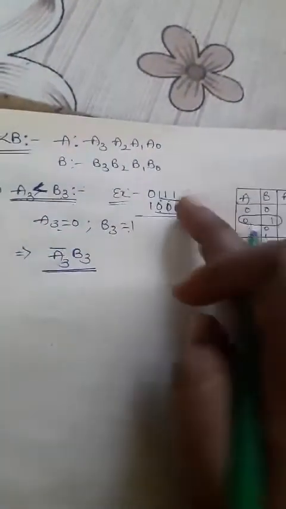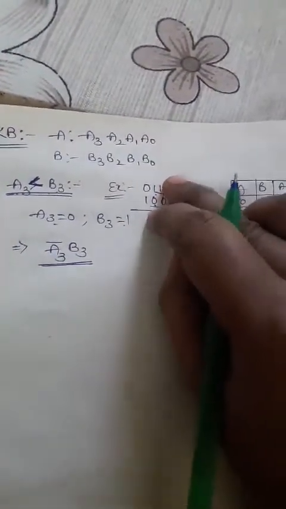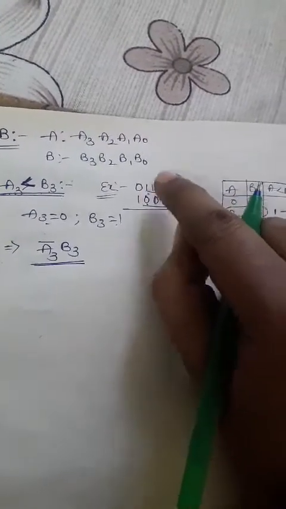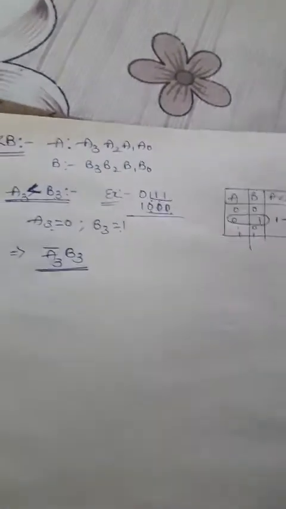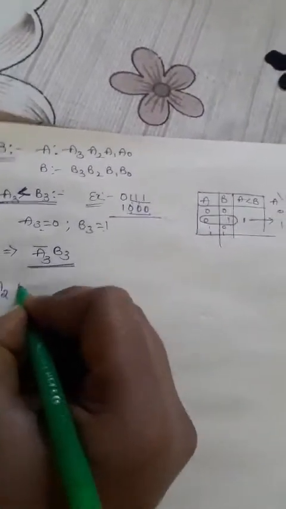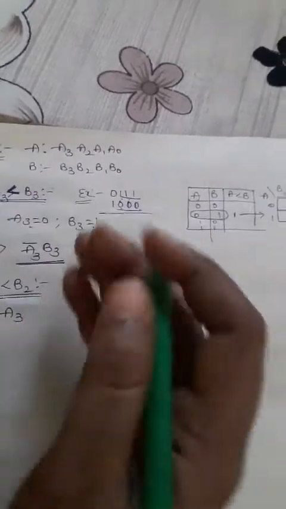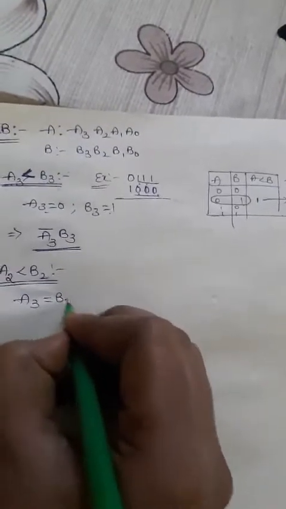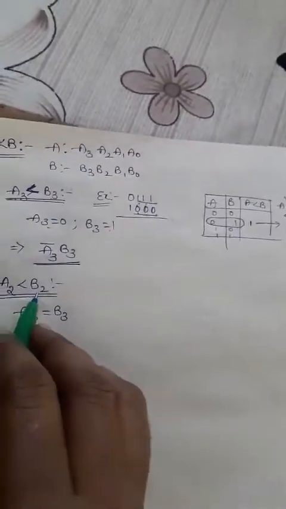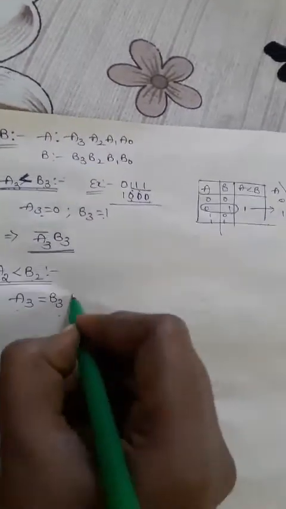If you want to consider the second step, the condition is only on the second bit, and the remaining bits will be skipped. Okay? So here the second condition is nothing but A2 less than B2. But we need to follow one rule: the previous bits before A2 and B2, that is A3 and B3, must follow the equality condition.